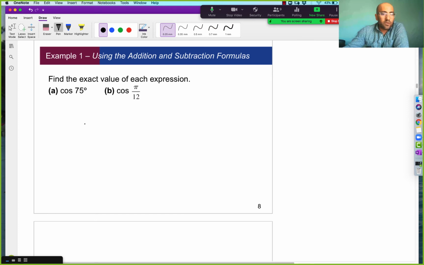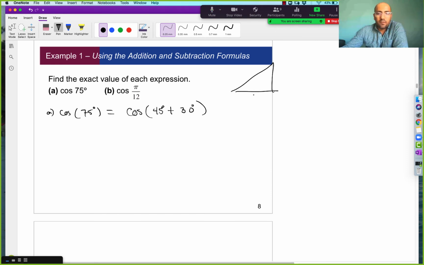Okay, so for the first one, part A, cosine of 75 degrees, we have to be clever enough to separate this into cosine of 45 degrees plus 30 degrees. 45 degrees and 30 degrees add up to 75 degrees. And we know things about 45 degrees, right? Back to our standard ones. This is 45 degrees.